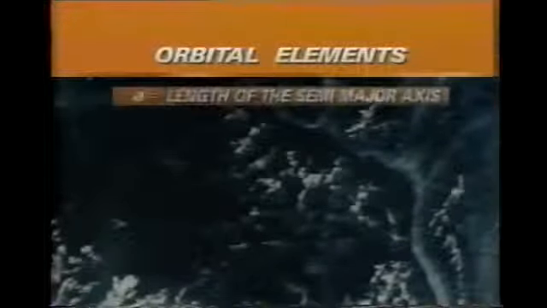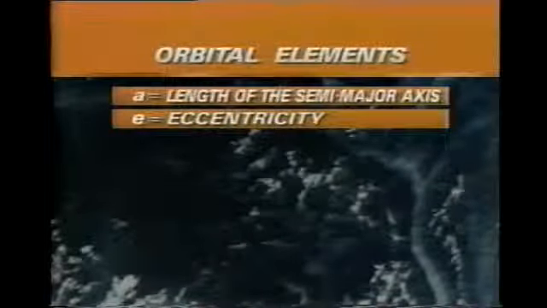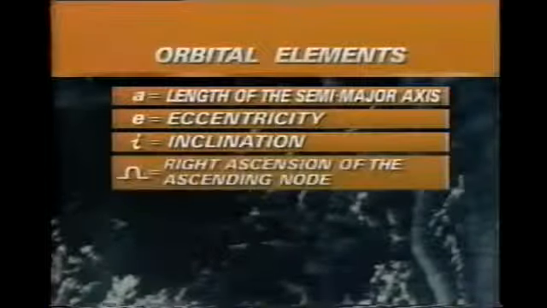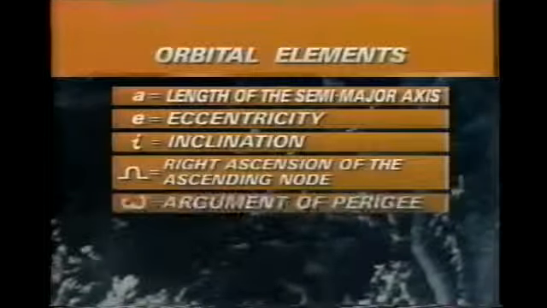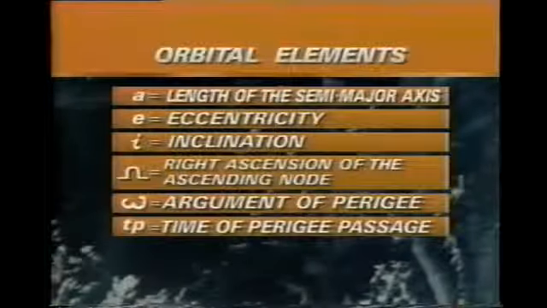Based on an orbit which is an ellipse, the 6 orbital elements are length of the semi-major axis, eccentricity, inclination, right ascension of the ascending node, argument of perigee, time of perigee passage. The major axis of an elliptical orbit is the line joining the perigee and apogee.